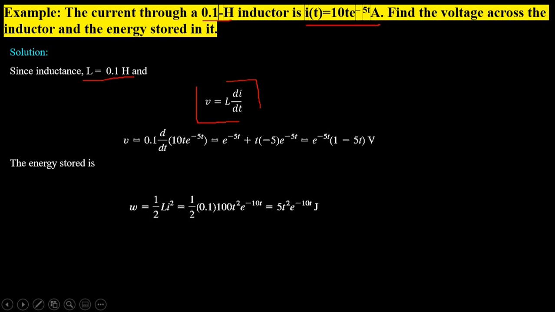Substituting the values, the voltage across the inductor will be equal to e^(-5t)(1 - 5t) volts, and the energy stored will be equal to half the inductance multiplied by the square of the current passing through the inductor. Again substituting the values, the energy stored in the inductor will be equal to 5t^2 e^(-10t) joules.